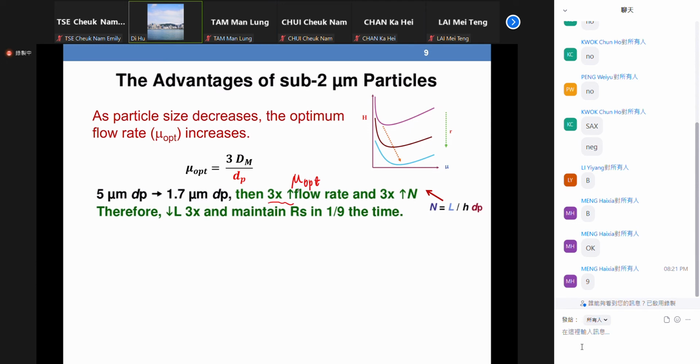And of course, because H also decreased by 3 times, N increased by 3 times.